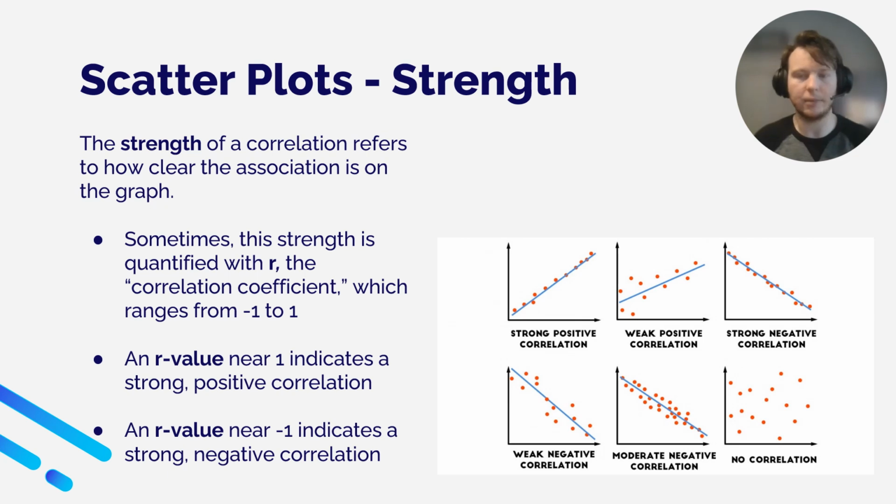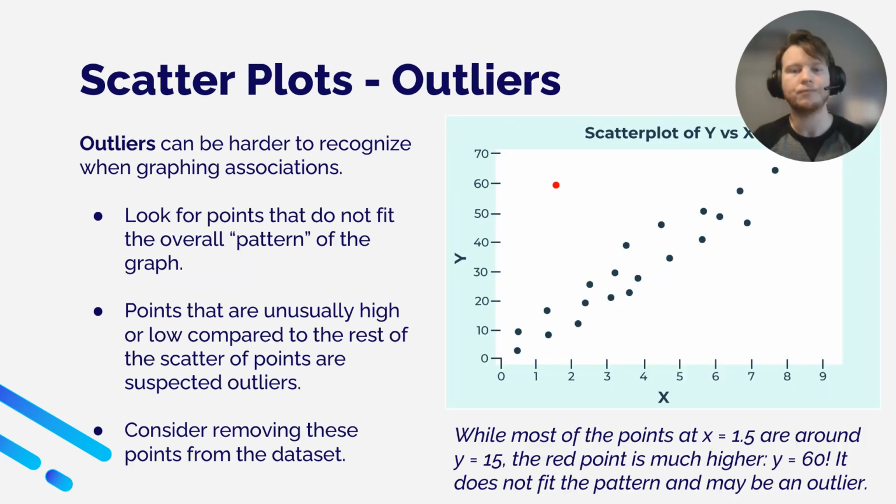Talking about strength, here we get a little bit more into R values and some particulars, emphasizing for students that the correlation coefficient can range from -1 to +1, with an R value near +1 meaning a strong positive correlation, and an R value near -1 meaning a strong negative correlation. R values in the middle are obviously going to be less strong or non-existent correlations.